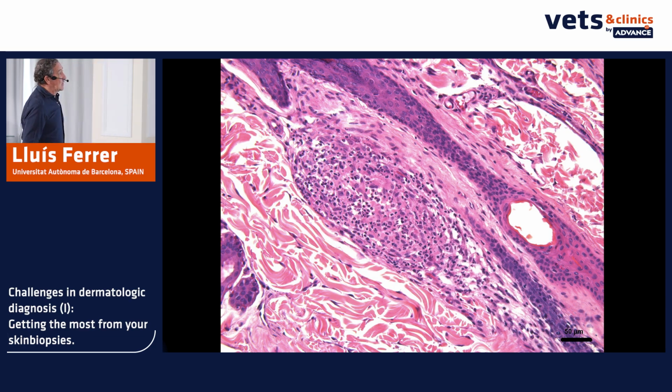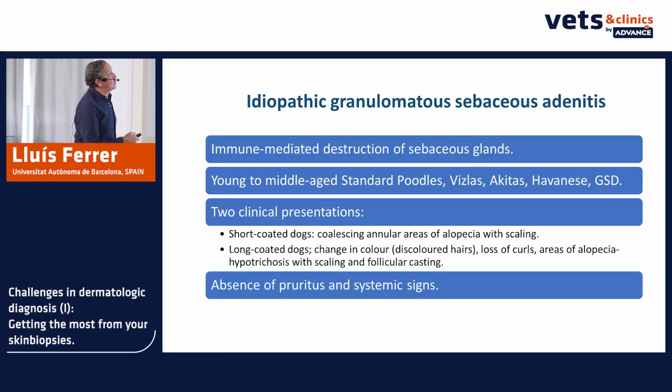And this is very typical of this condition that we call idiopathic granulomatous sebaceous adenitis that you probably see pretty commonly. It's an immune-mediated destruction of the sebaceous glands that we see in middle-aged dogs, usually between 4 and 6 years.